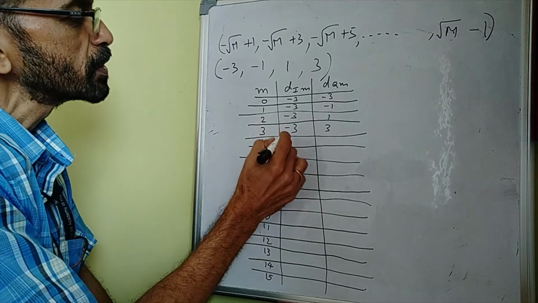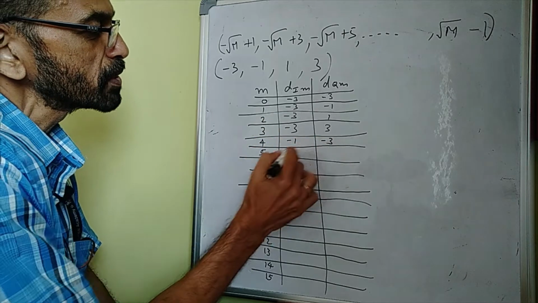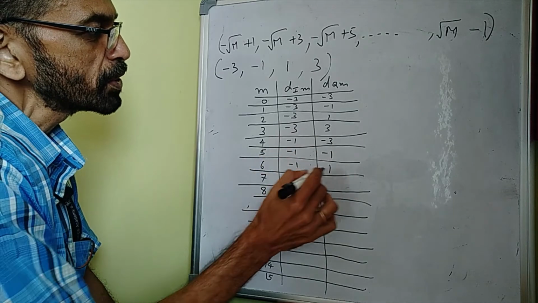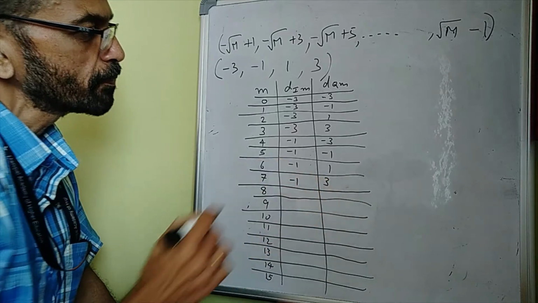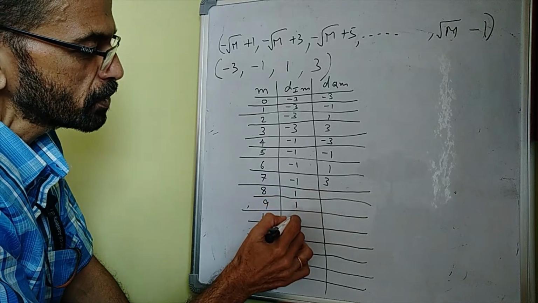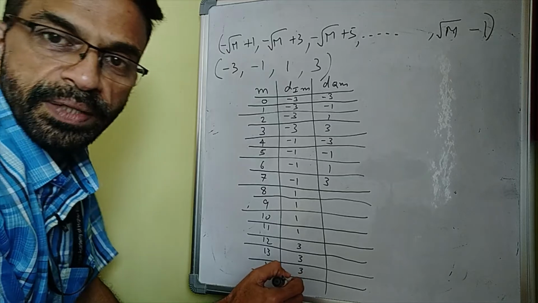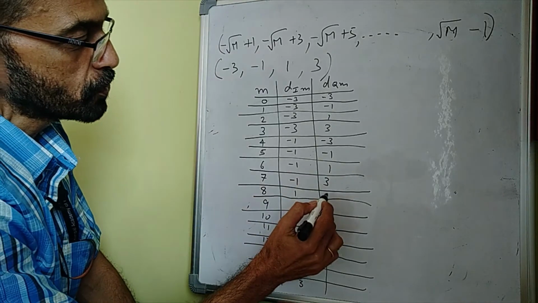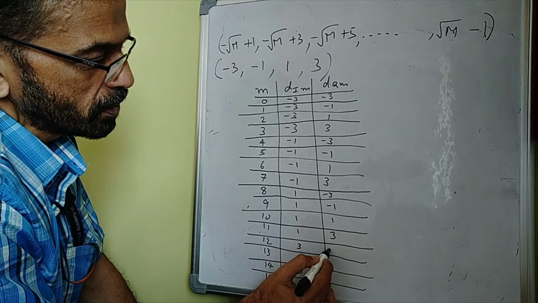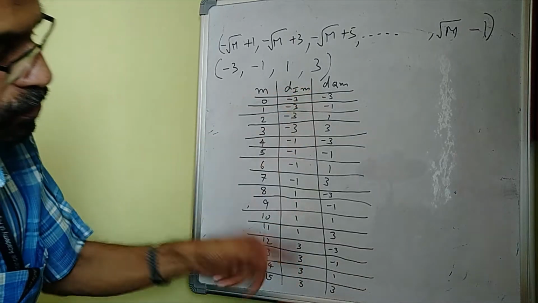So continuing this way, for m4 you can have minus 1, minus 3, minus 1, minus 1, minus 1, 1, minus 1, 3. And the rest of it you can fill. 1, 1, 1, 1, 3, 3, 3, 3. And of course you have minus 3, minus 1, 1, 3, minus 3, minus 1, 1, 3.